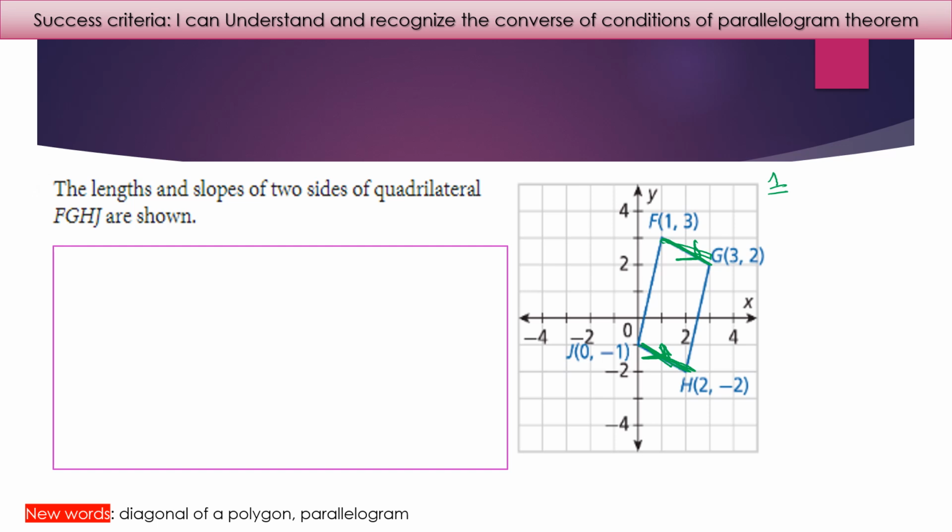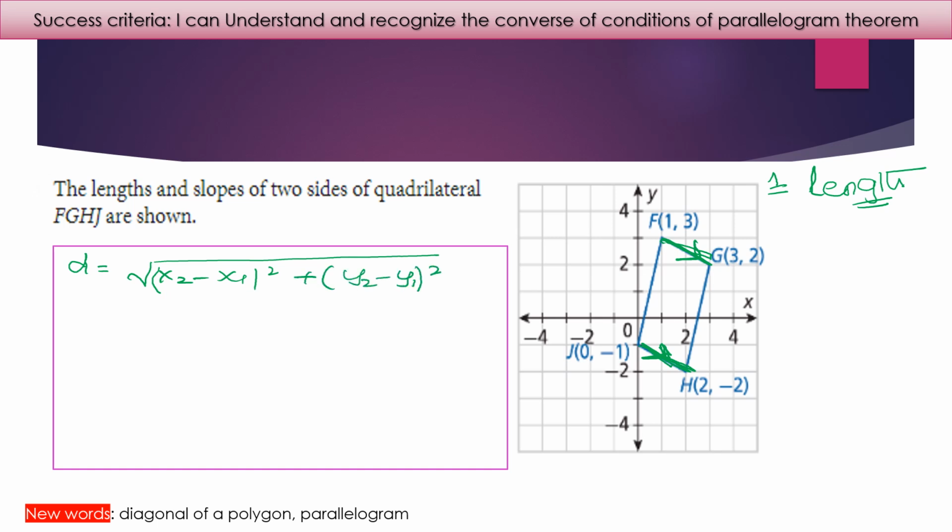For that, you have to find the length of these two lines and make sure the lengths are equal. And what is the formula to determine the length? Remember, if the coordinates are given, then the formula is the square root of (x2 minus x1) whole squared plus (y2 minus y1) whole squared, which you have studied before.